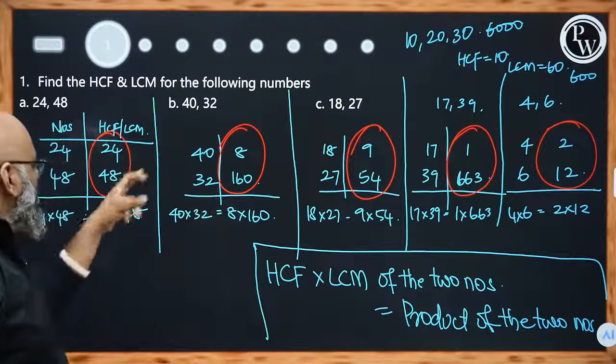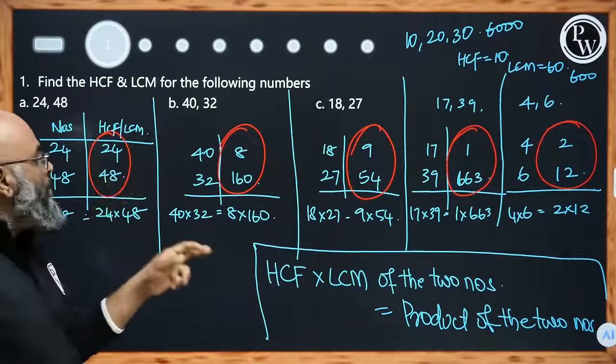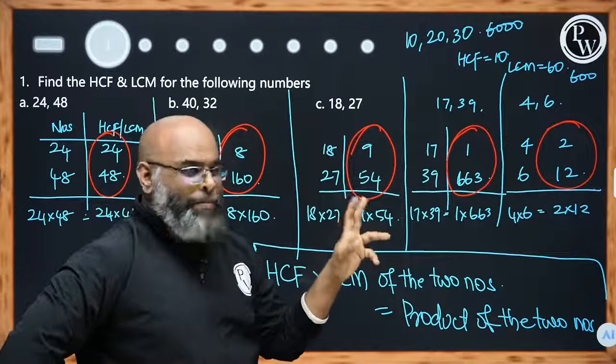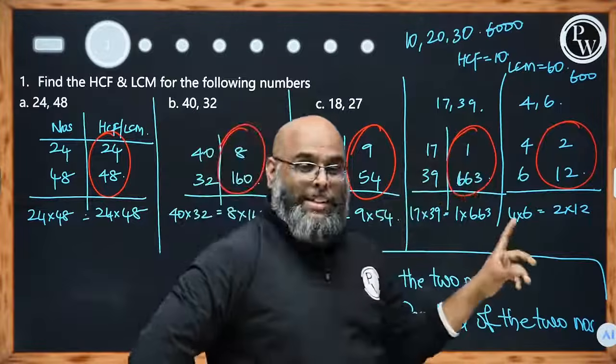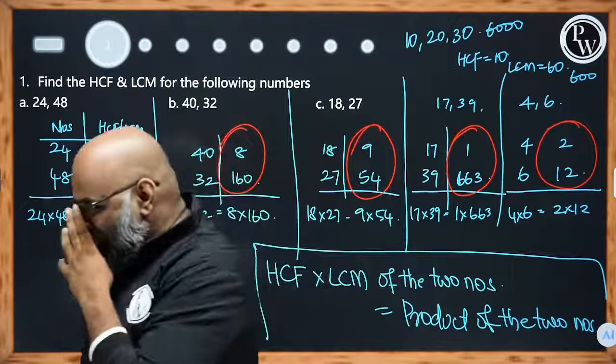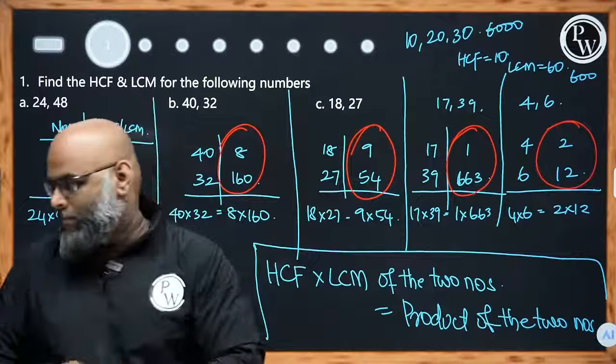Look at the HCF and LCM. HCF is 24, LCM is 48. HCF is 8, LCM is 160. HCF is 9, LCM is 54. HCF is 1, LCM is 663. HCF is 2, LCM is 12. See if there is anything that we spot here, any correlation between the HCF and LCM.